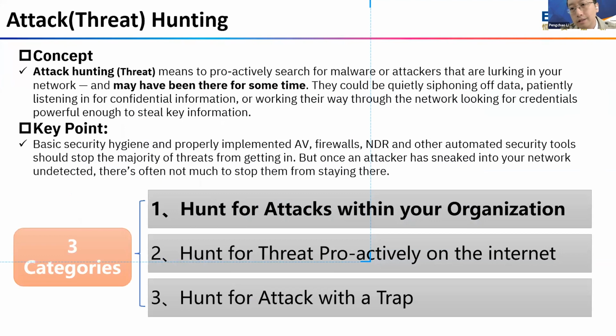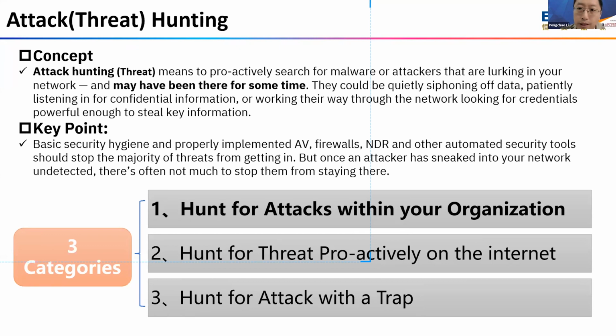I think threat hunting is a popular buzzword in the cybersecurity community. So what does that mean? Many people have different notions about threat hunting. This definition I approve of the most, which is to proactively search for malware or attacks that are lurking in your network.